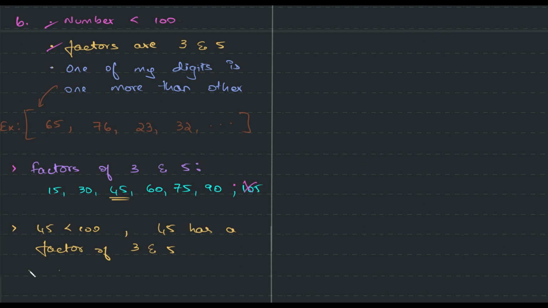Also, 5 minus 4 is 1. So 5 and 4 are your digits. The difference between them is 1.